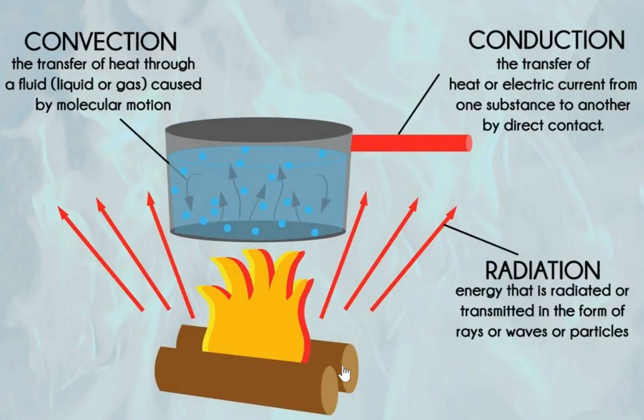If you put a pot on the burner, these vibrating atoms will transfer some of their motion from the burner to the atoms on the bottom of the pot. The faster vibrating atoms on the bottom of the pot then transfer energy to those next to them. Energy is transferred from atom to atom until the entire pot is hot.